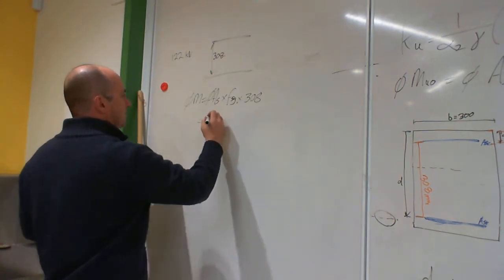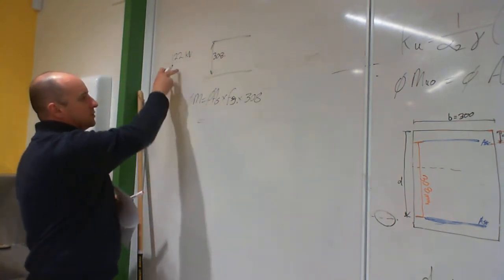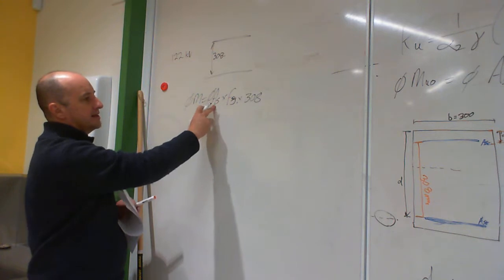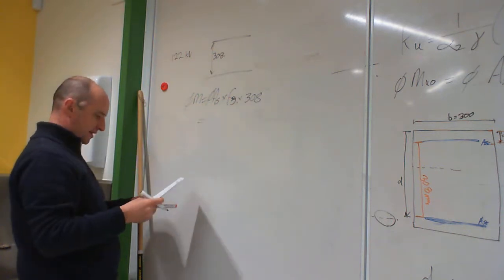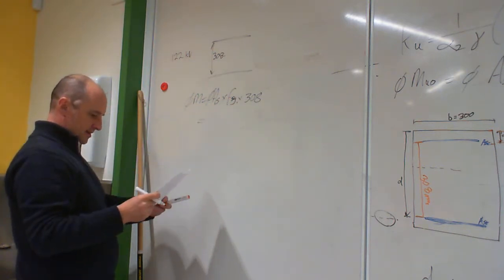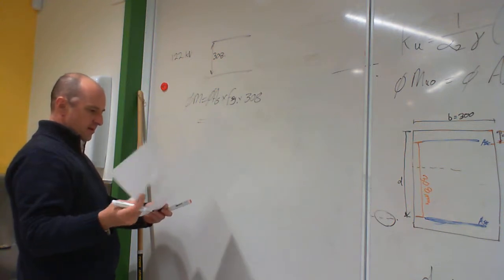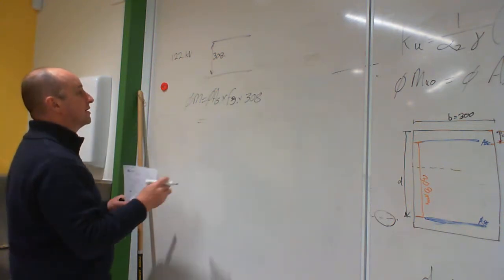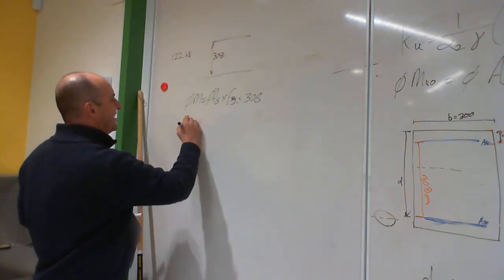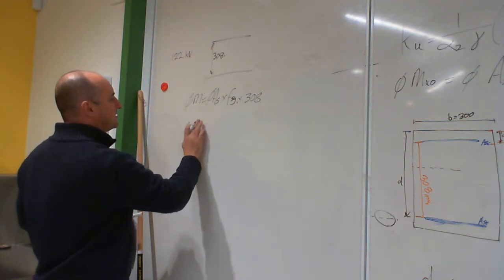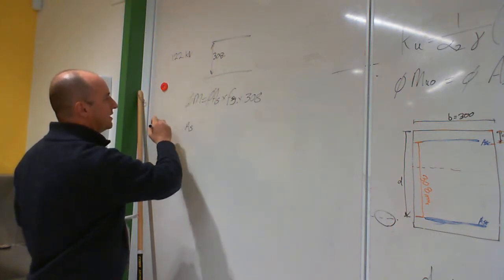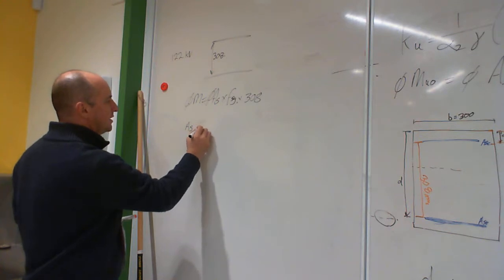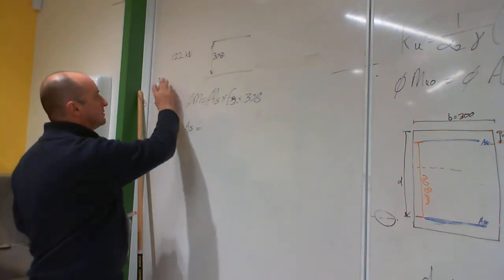We know M, it's the 122. We're trying to find As, and we know the rest. So I'll isolate it out. Area of steel, phi is 0.85 still, sorry, I've done that wrong.